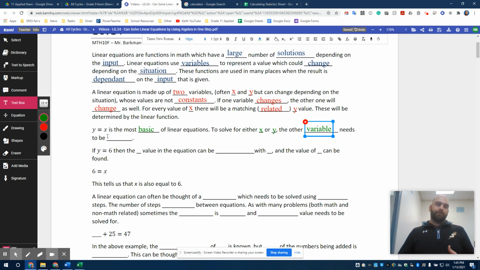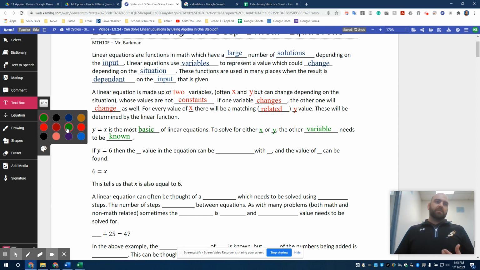If we want to solve for a specific variable, we need to know what the other one is. So let's say we are told that y equals 6.